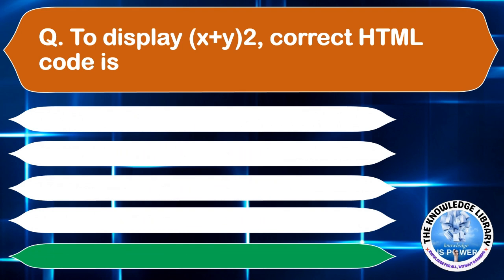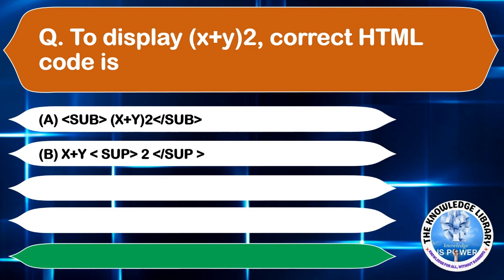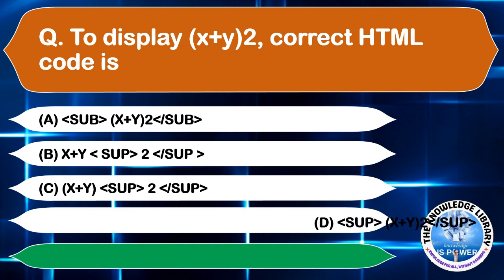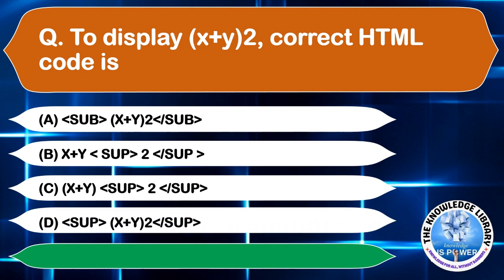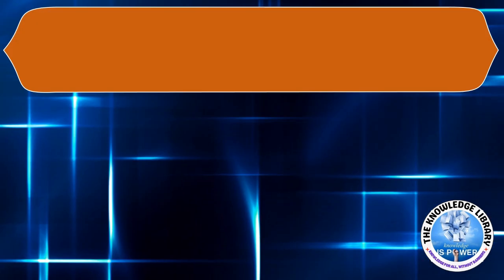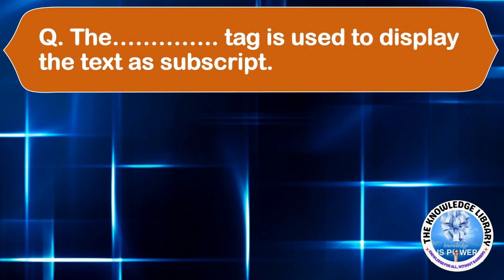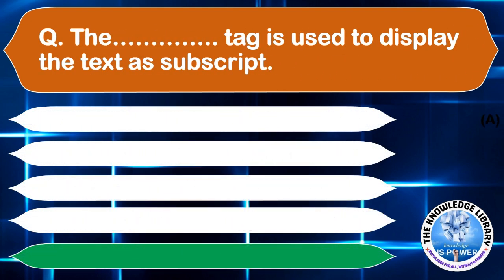The next question is, to display x plus y into 2, correct HTML code is option A, option B, option C, option D. The correct answer is option C. The next question is, the dash tag is used to display the text as subscript.